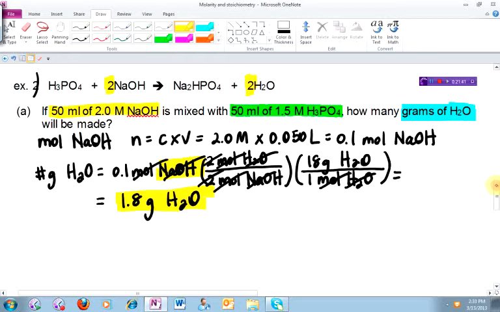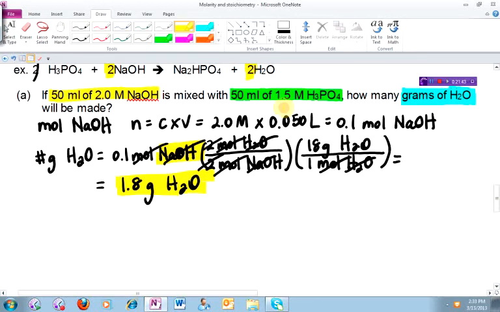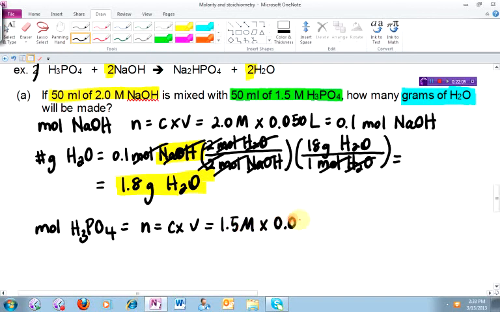Alright, now we want to see how much water is produced with the phosphoric acid, going through the same steps. So moles of H3PO4 is equal to n equals C times V. 1.5 times 0.050, same volume.